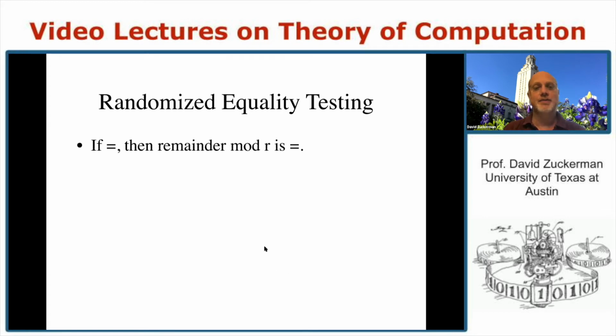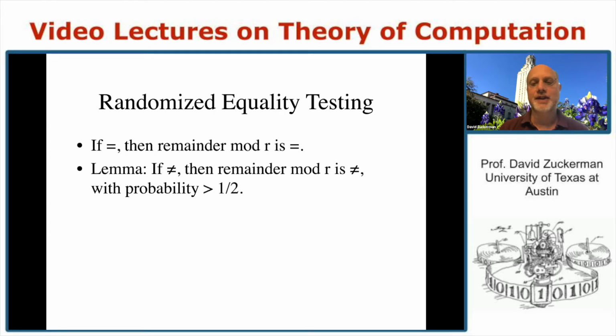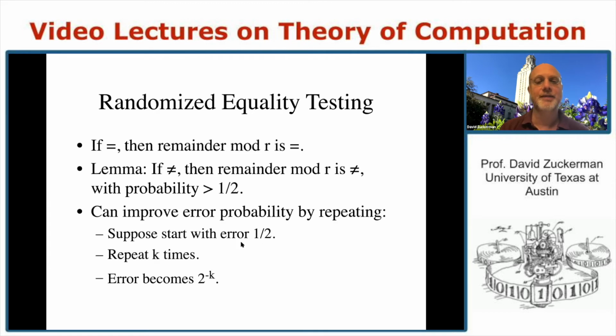Now, of course, if the two sides of this equation are equal, then the remainder mod r of both sides are equal. And the interesting thing to show is that if the two sides are not equal, then the remainder mod r is not equal, with probability at least a half, or even bigger than half. Note that we can improve the error probability by repeating.